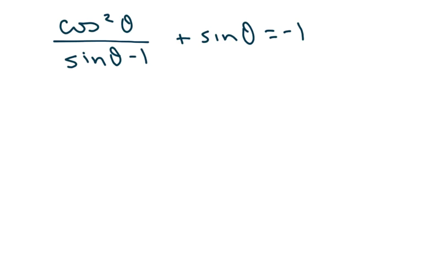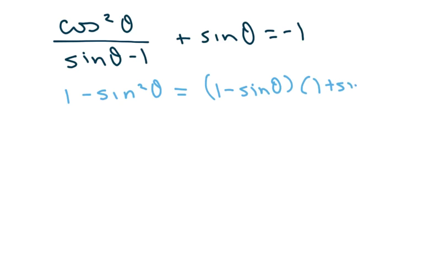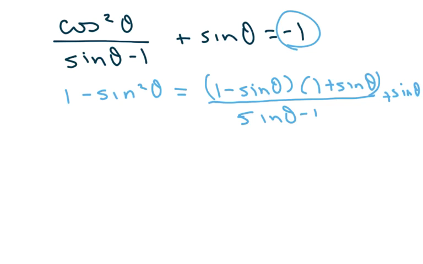Now this one, I'm going to write the numerator as 1 minus sine squared of theta, which I can write as 1 minus sine of theta times 1 plus sine of theta, all over sine of theta minus 1. And then we still have this guy, plus sine of theta. And all this is supposed to equal negative 1.